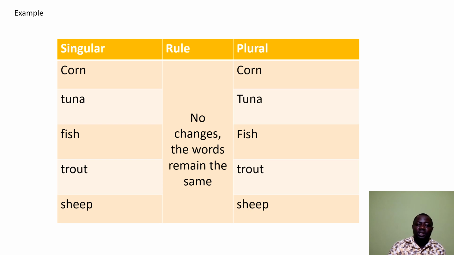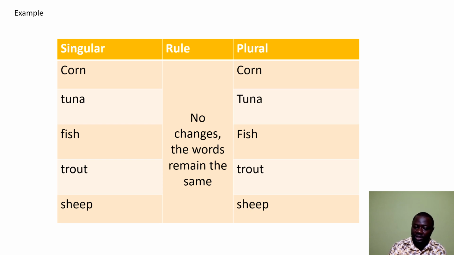Now let's look at these words that have no change in their plural form. They simply maintain their singular form as their plural. For example, corn is still corn. There's nothing like corns. Never say that. Tuna is still tuna. Fish is still fish. Never say fishes. No, it's wrong. The plural of fish is still fish.